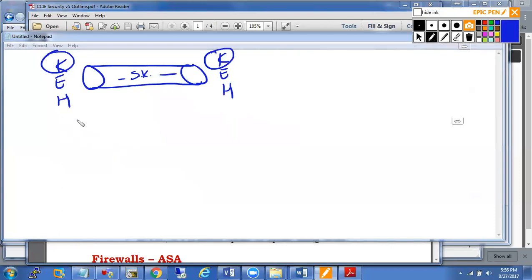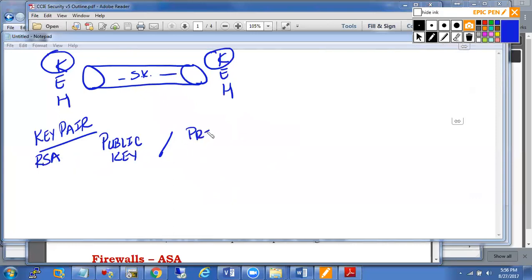PKI works on the premise of a key pair, using a mechanism called RSA, in which RSA generates a key pair. A pair always means two. So in this pair, you have a public key and it has a corresponding private key, which is generated as a pair together.